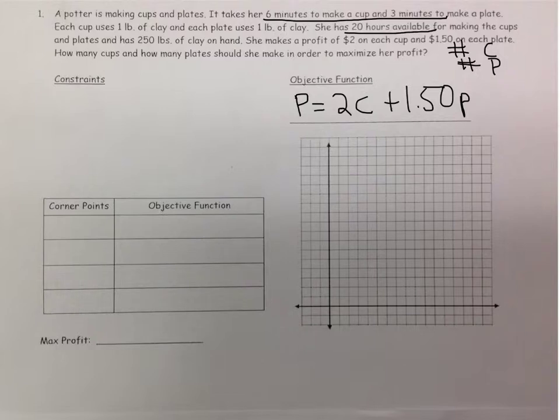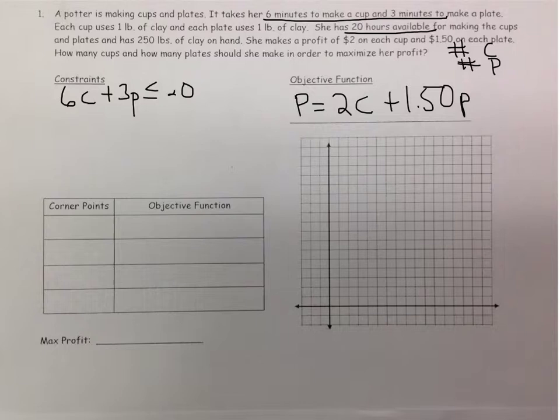If I did 6C, because 6 minutes per cup, plus 3P, because it's 3 minutes per plate, and she only has 20 hours, could I just do less than or equal to 20? I have minutes, and then hours. I'm not going to be able to do that.